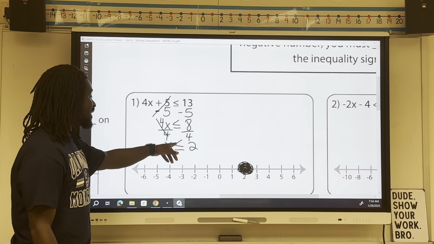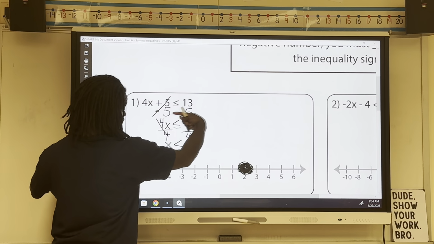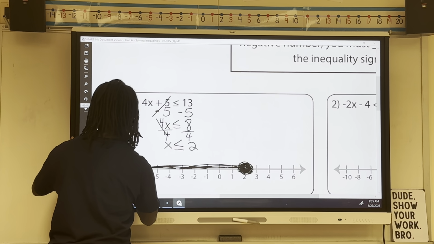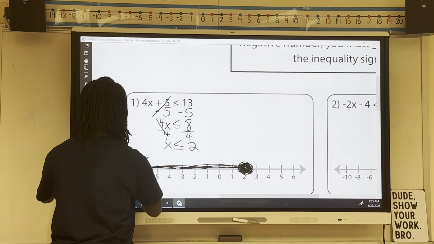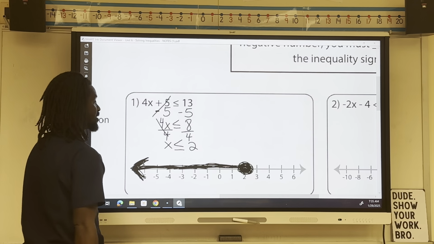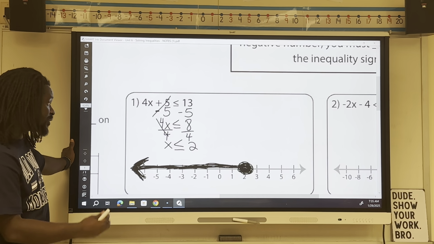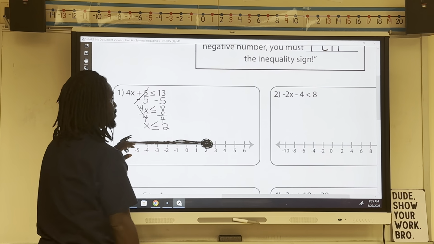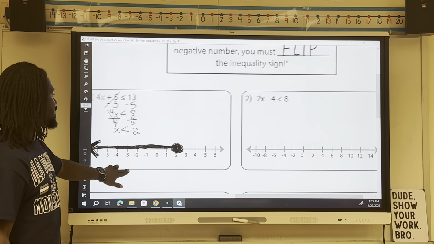It is less than or equal to, facing that way, so I'm going to shade and put my arrow, indicating that it's all those numbers in that direction. And so there you have it. That is simply how you solve multi-step inequalities.